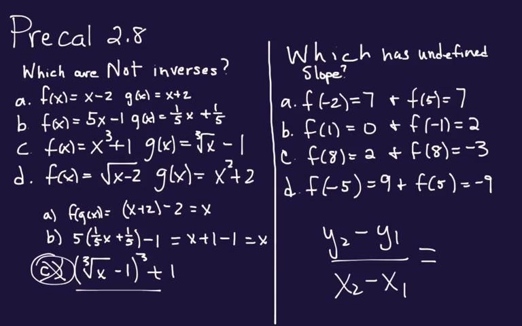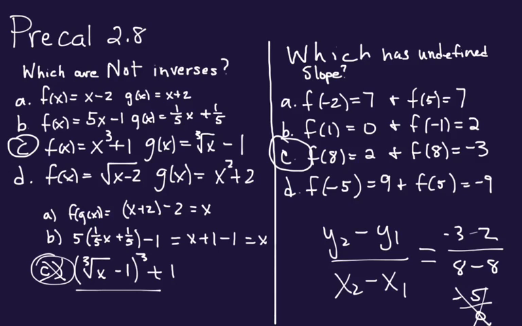I just need to know, when I subtracted the x coordinates, I got 0 in the denominator. The only time that happens is when x is the same number. I look up in my choices, the only option I have is right here, 8 and 8. When I subtract, and I do all that work, I'm going to get negative 5 over 0, which means that number is not a number. It is undefined. Hopefully most of you got that right.